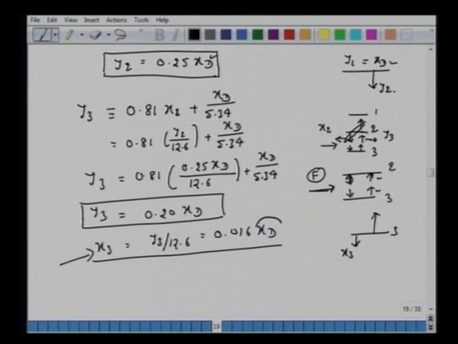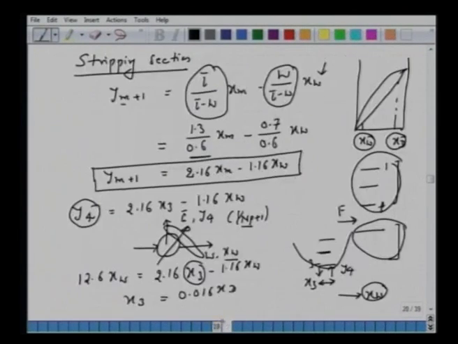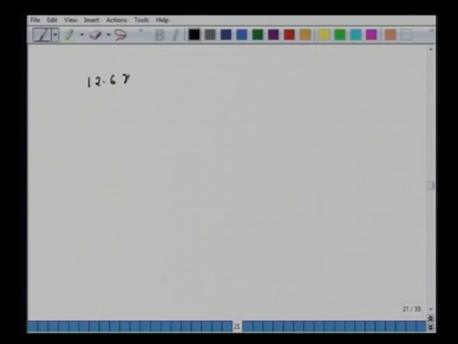So we started from Xt, and slowly, by writing these equations for every stage, we have an expression for X3 in terms of Xt. So we can make use of X3 equal to 0.016 Xt, and substitute here to obtain another equation: 12.6 Xw equal to 2.16 multiplied by 0.016 Xt minus 1.16 Xw.